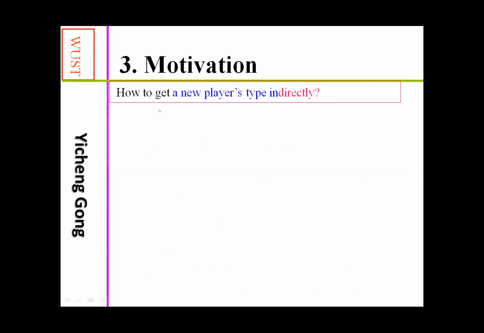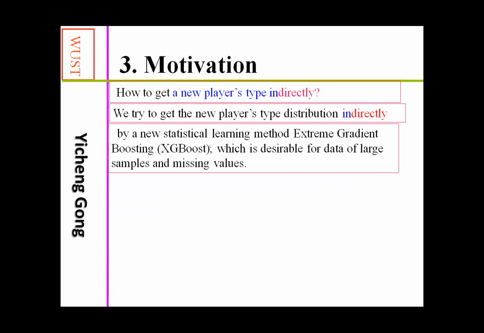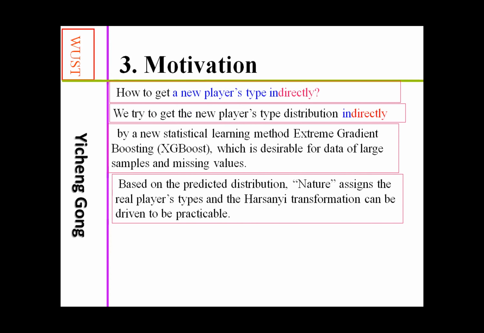Okay, then how to get a new player's type indirectly? We try to get the new player's type distribution indirectly by a new statistical learning method, XGBoost, which is desirable for data of large sample and missing values.